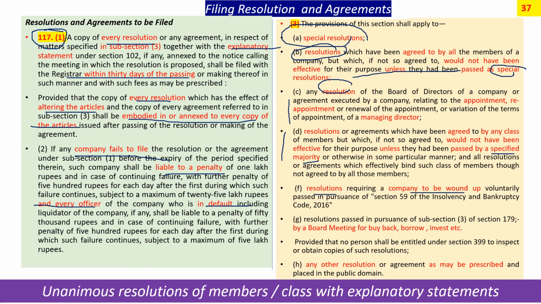Resolutions requiring companies to be wound up, resolutions of buyback, borrowing and investing beyond certain limits, any other resolutions as may be prescribed. These are the resolutions to be filed under 117(1) with the Registrar of Companies.